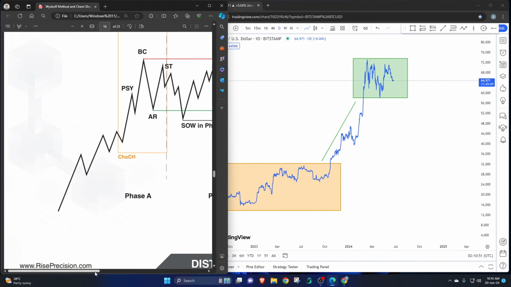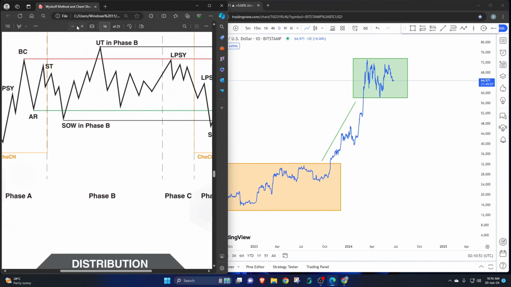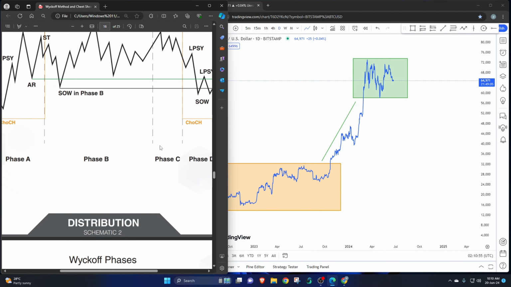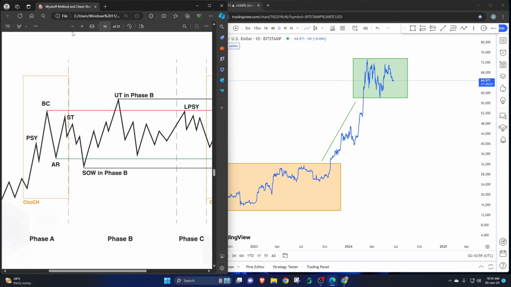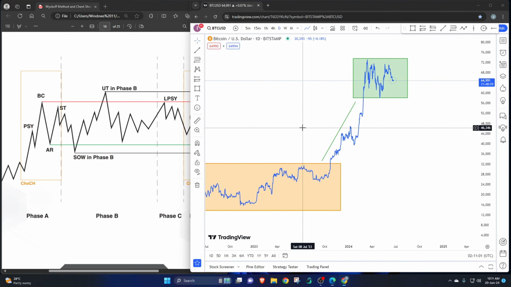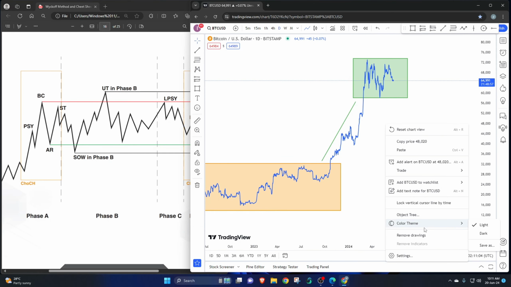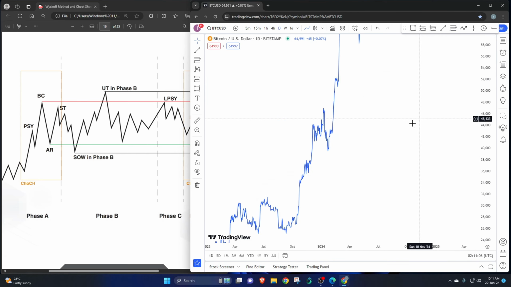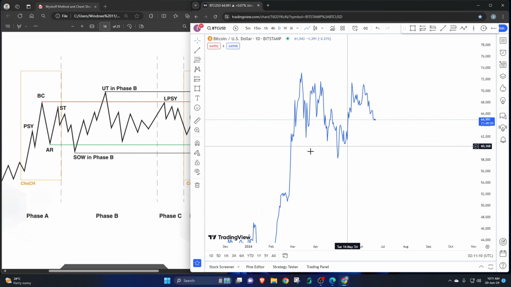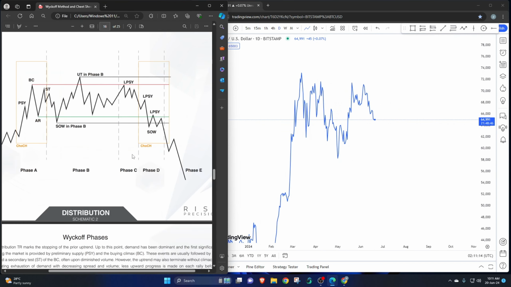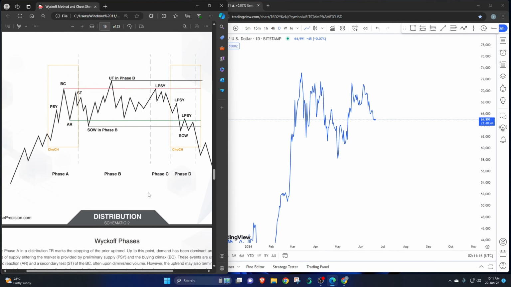Let's reduce this a little, maybe a little more, and let's delete everything. Now, what can you see? Let's make this smaller a bit. I think this is better.